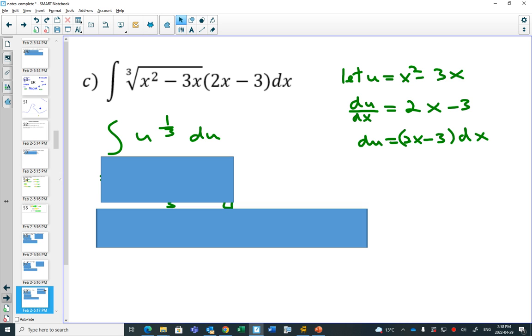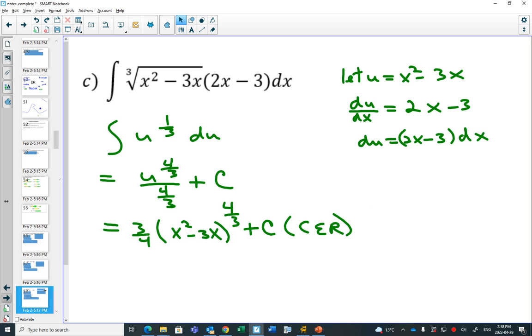So add 1 to the exponent, divide by your new exponent. And this is where your brain was probably not very happy with the fractions. Multiply by the reciprocal so that you'd have 3/4 and substitute back. And once again, every time you do an integral, you can do the derivative right after just to check if you were right.